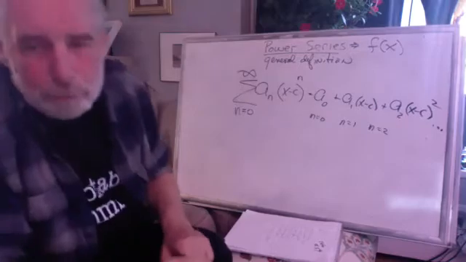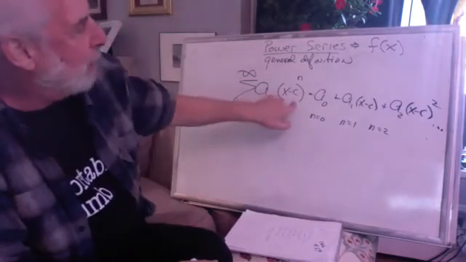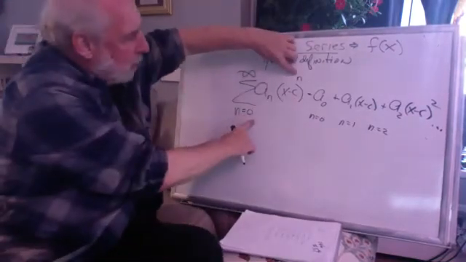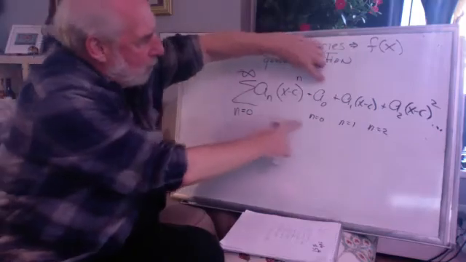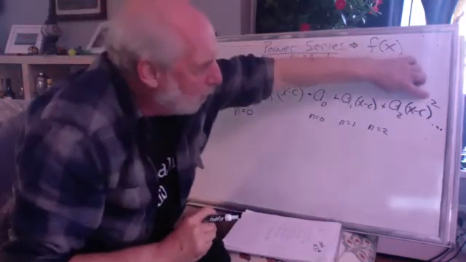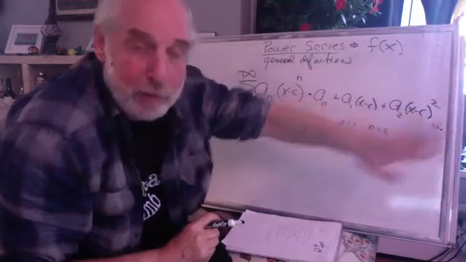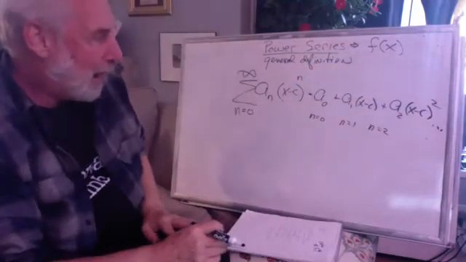All right, so this x minus c is also getting exponents: exponent of 0, exponent of 1, exponent of 2, exponent of 3, and so on. So this is what a power series looks like.